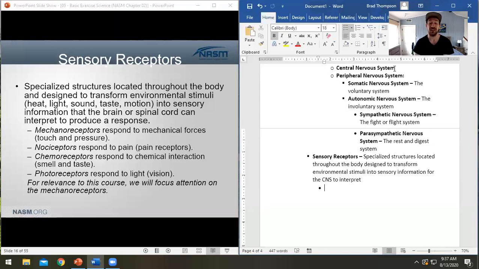All right, so for the relevance of this course, we're going to talk about mechanoreceptors. This is the one that's important to us. Mechanoreceptors are the mechanical receptors that sense physical changes, right?